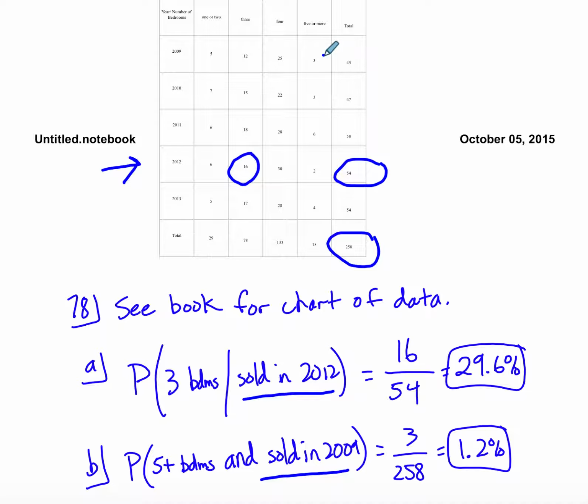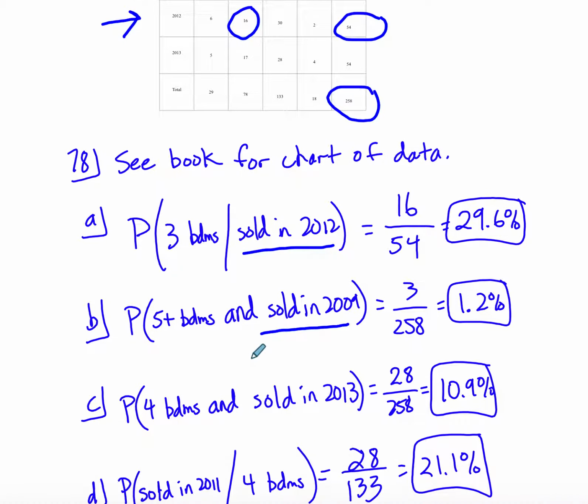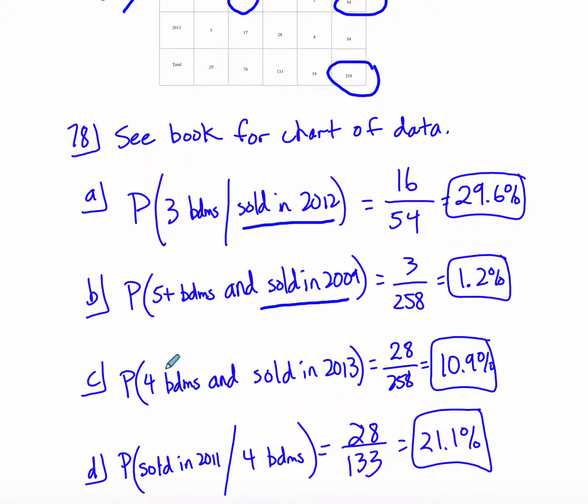So there are three houses that were sold in that year that had 5 or more bedrooms out of the 258, because we weren't given information. We don't know anything about that house. We're looking at all the houses and what's the probability that it had 5 bedrooms and was sold that year. So this is different. It's not a given. It's an and statement. Find the probability of 4 bedrooms and sold in 2013.